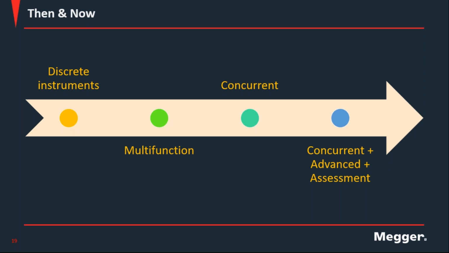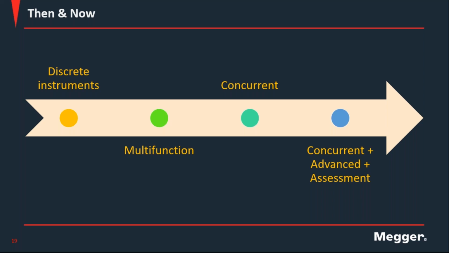Technology evolves, and then we got multifunction test sets, meaning that you have several tests that can be performed from one single box, but you still need to do the testing of each tap of the current transformer or the voltage transformer separately.